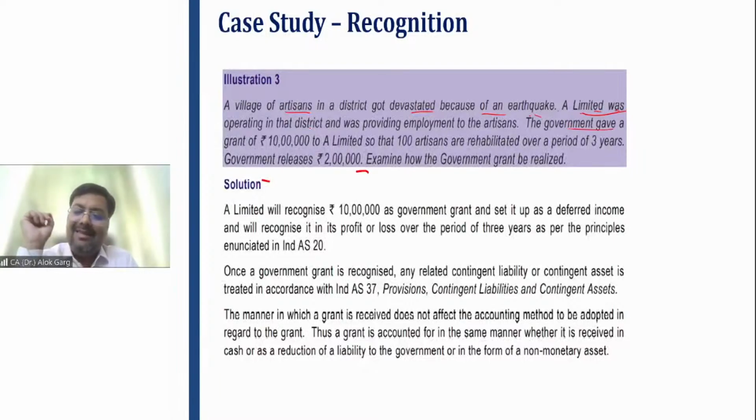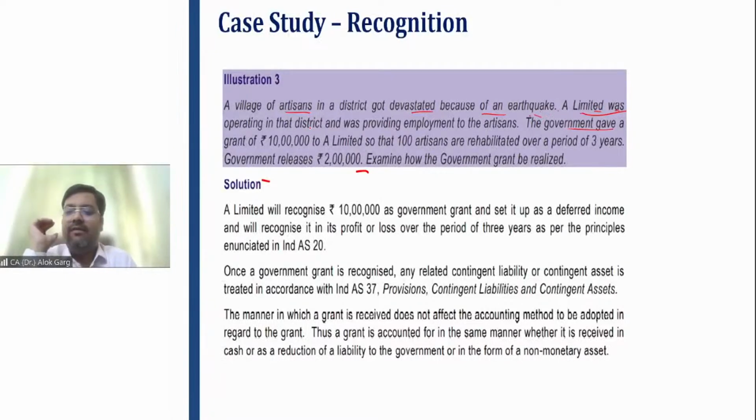Sir, in the example which you have taken for 1000 employees, right? In my example, the condition was, if you will not employ 1000 employees, if you will not reach the target of 1000, if it is 999, even in that case, the amount will be refundable, right?